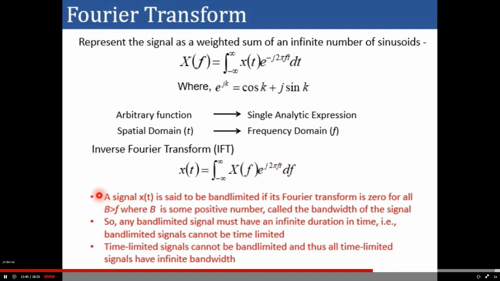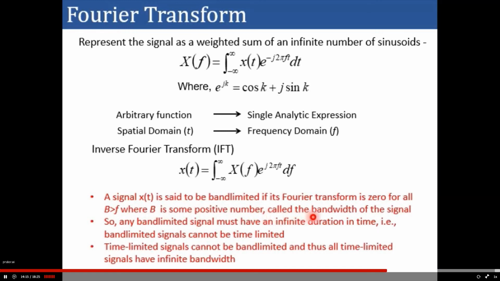Now keep these 3 points in mind, because they will help you understand the Fourier transform, and when we discuss the phasor representation, you will utilize these properties. A signal x(t) is said to be band limited if its Fourier transform is 0 for all f greater than B, where B is some positive number.